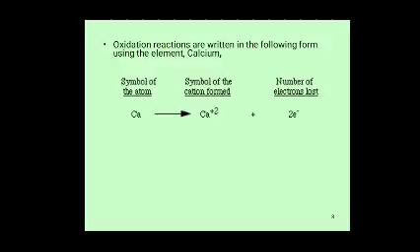Its electronic configuration is 1s2, 2s2, 2p6, 3s2, 3p6, 4s2. So this calcium has electronic configuration 2, 8, 8, 2.